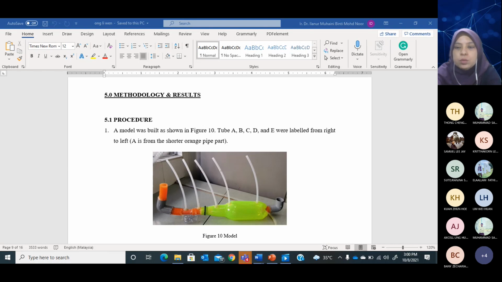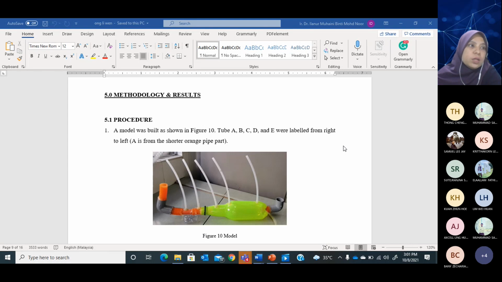Oh, the video is for those who are not confident to talk in class, or as backup. Backup means maybe yesterday the experiment could work, today it cannot work. So the video must be a backup to play during the presentation day.